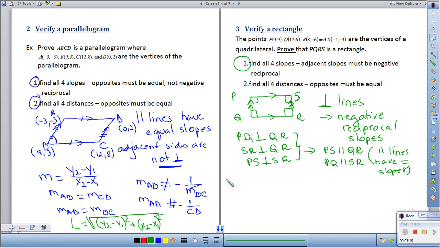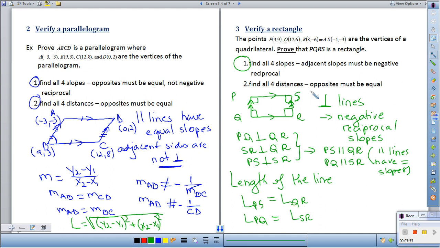So using the length of the line formula, you will prove that the length of PS is the same as the length of QR, and that the length of PQ is the same as the length of SR.